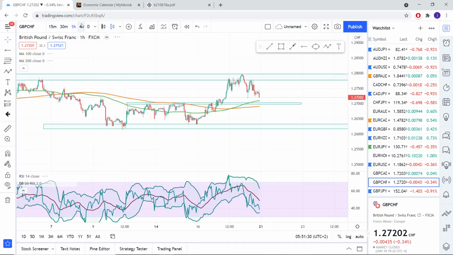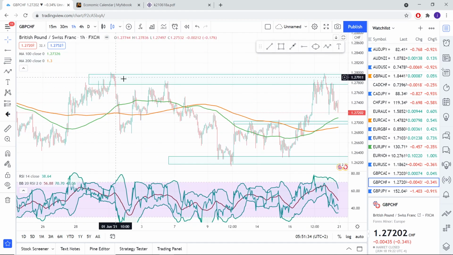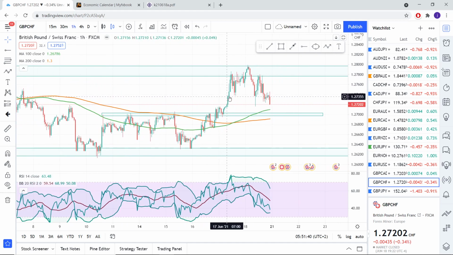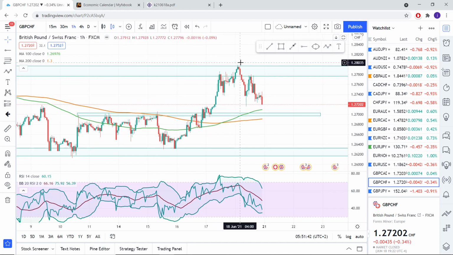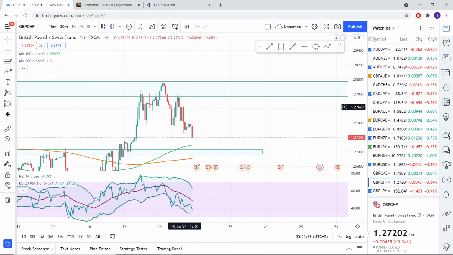But as you can see, on this pair price came into that area, showed a couple of rejections from it, came deeper and started rejecting. We had a lot of bearish push from that area, which was a possible signal to actually enter for a sell setup.